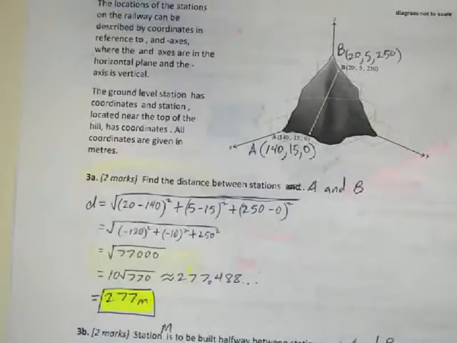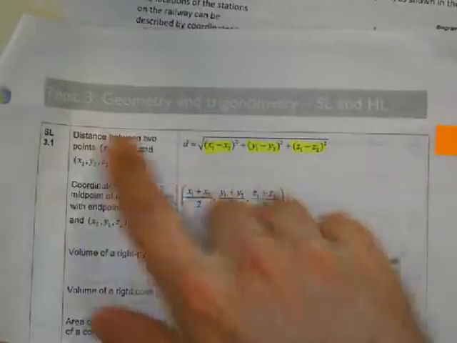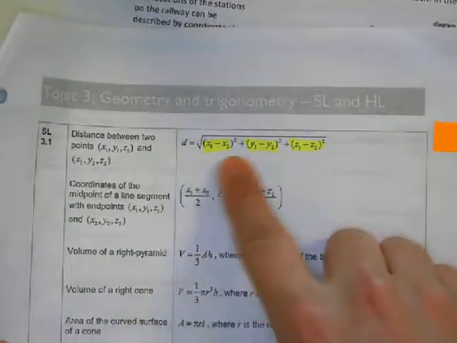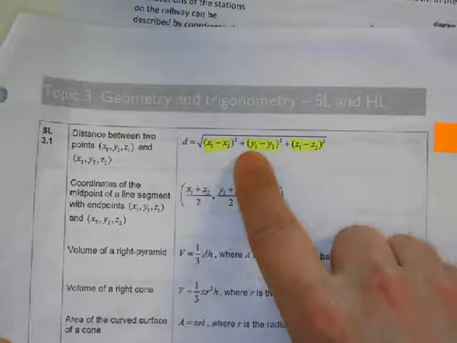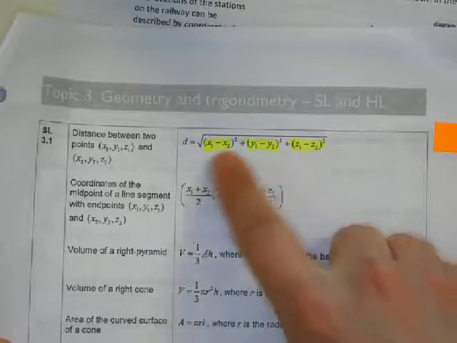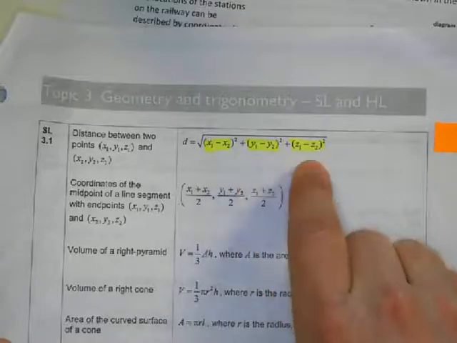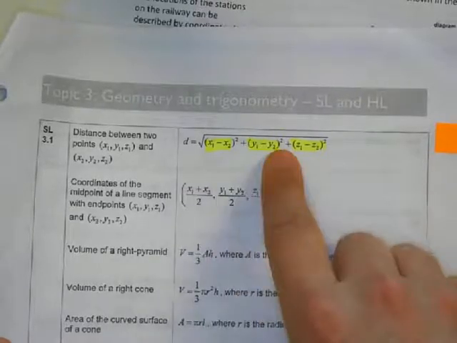And so we need to figure out the distance. Using the distance formula, on topic 3 of the formula page, we're going to use this formula. We take the x values and y values and z values and subtract them from each other, square them, add those squares together, and then take the square root.